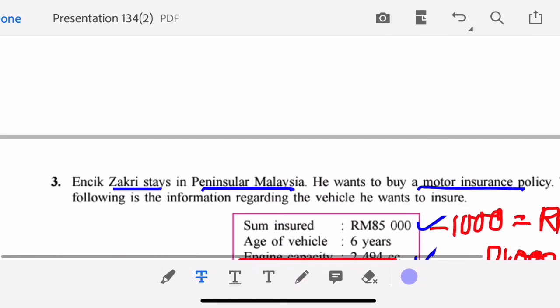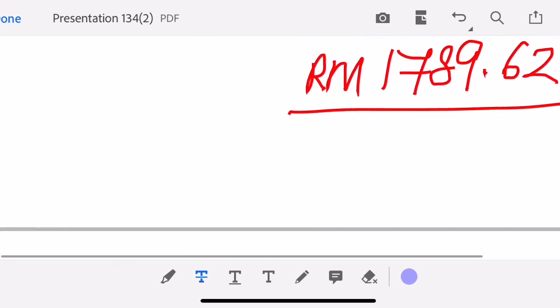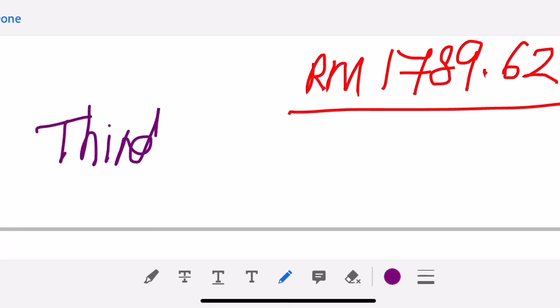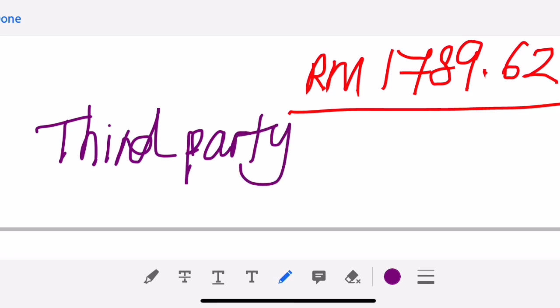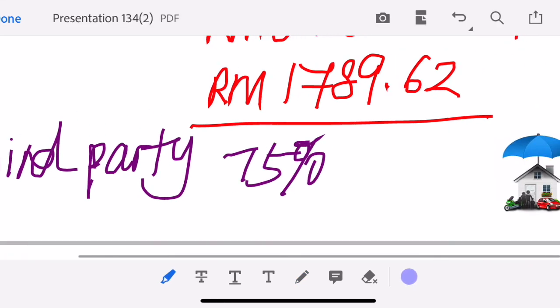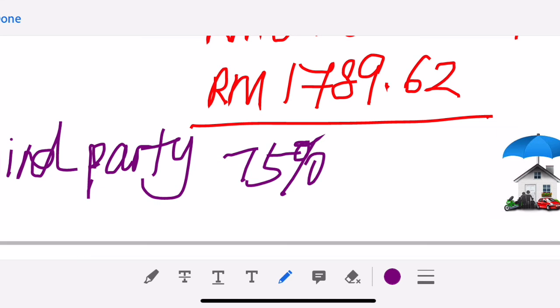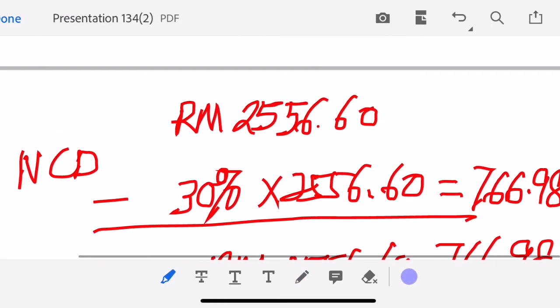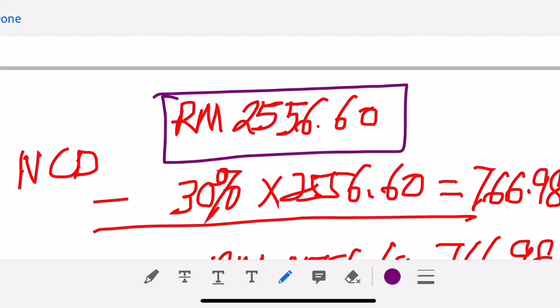Now we want to calculate the third party. So third party, let's do it here. For third party it is 75% of the comprehensive basic premium. So we will multiply by the 2556.60, right? So this is the amount that you need to multiply by 75% for the third party.